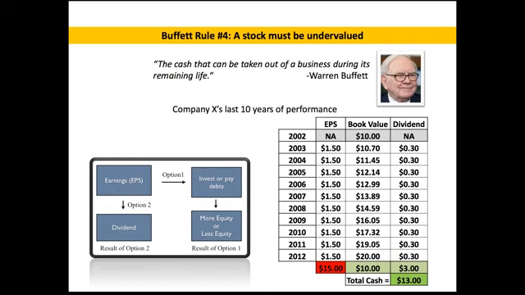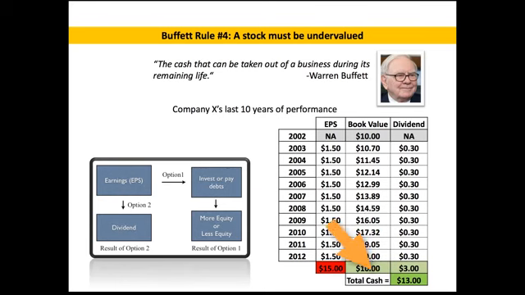And so if we sum all of the EPS that would have occurred for that 10-year period, we would have had $15. Okay? So all the profit that that company received for one share would have been $15. But when we look at the combination of the book value and the dividend, which we know is the result of our two different options, it only ended up totaling $13. Okay?